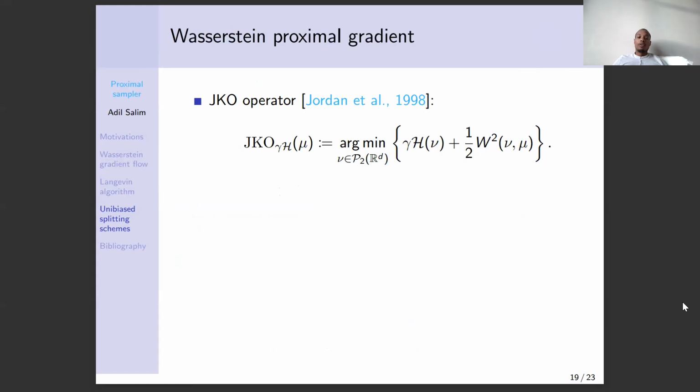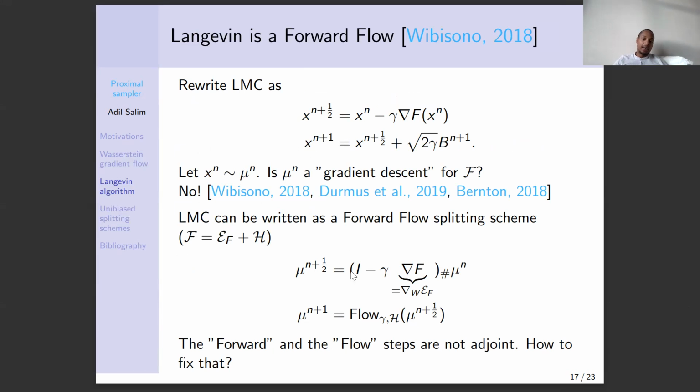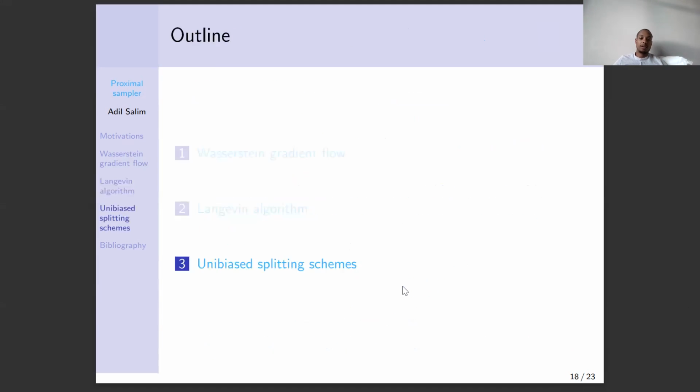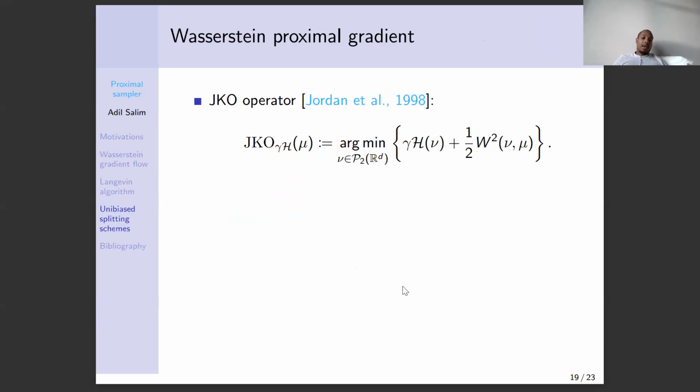The adjoint of the forward pass is well known in the literature of proximal methods in optimization.